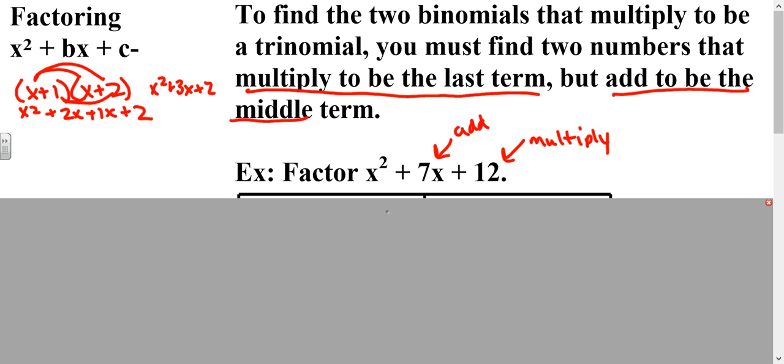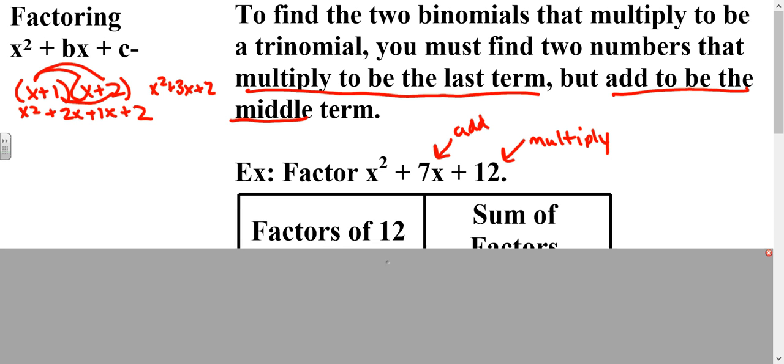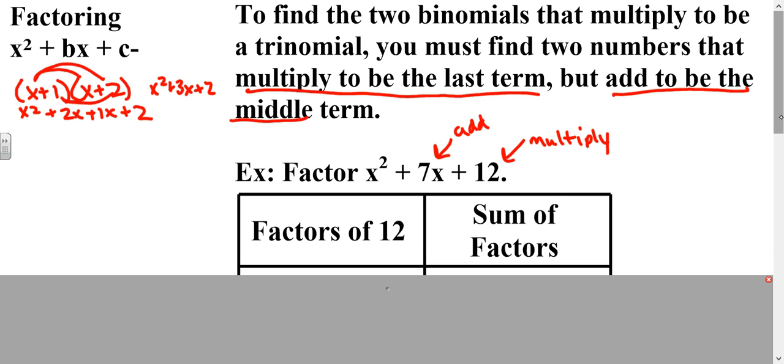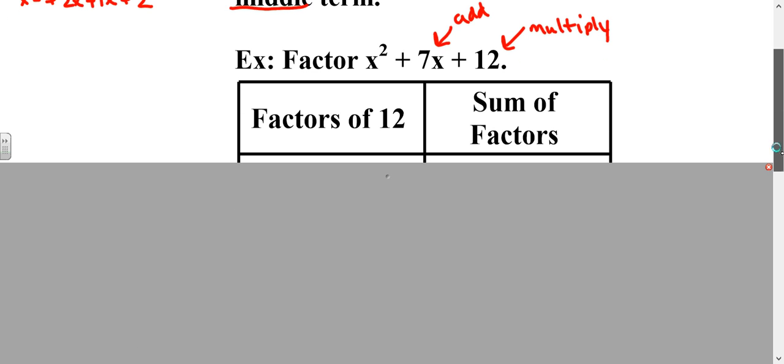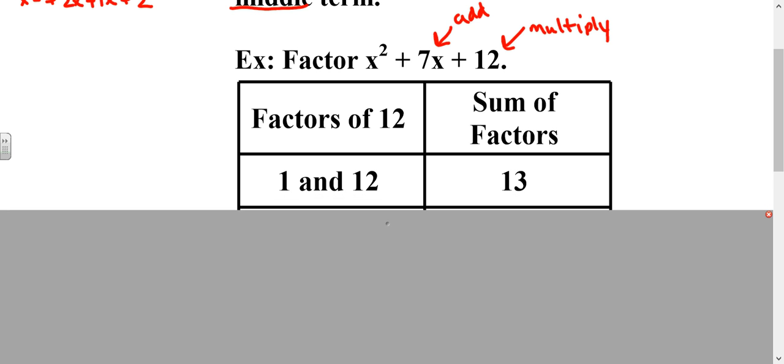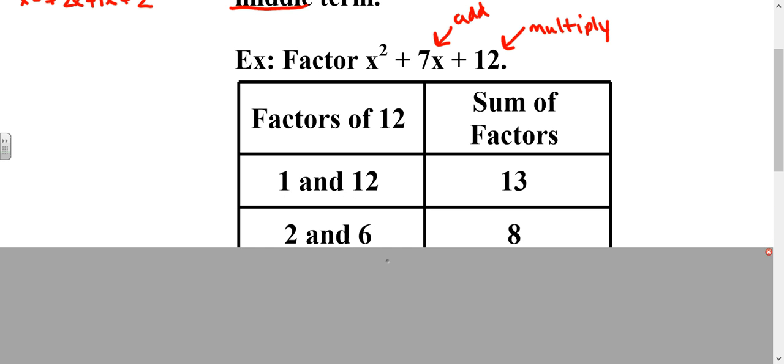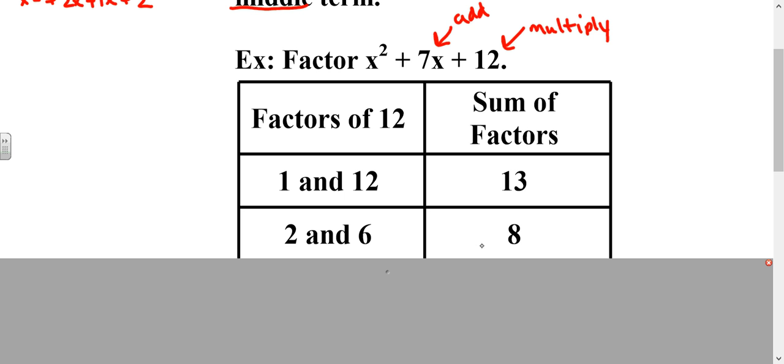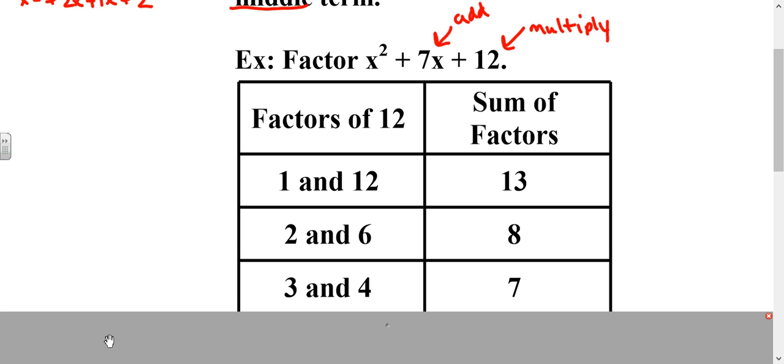So you have to ask yourself, which numbers multiply to be 12, and then what do those numbers add to be? If we try 1 and 12, that makes 13, so that doesn't work. If we try 2 and 6, that makes 8, so that doesn't work. But if we try 3 and 4, that makes 7. So those are going to be our numbers.